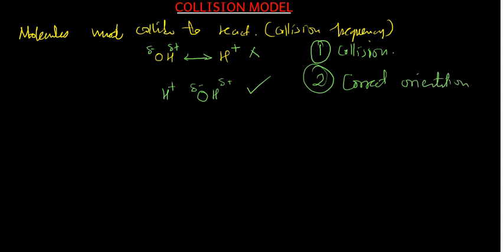Now, it doesn't just end at correct orientation. Remember, for a collision to happen, these reactants have kinetic energy, so they are able to move to and fro. When they start colliding, the kinetic energy is converted into potential energy, because collision makes some stop moving.